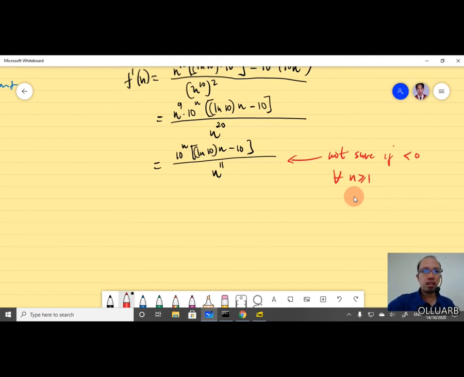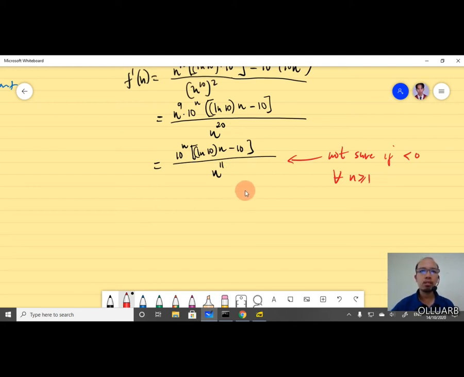Why? As you can see in the graph that I've shown you, this factor 10 to the n and n to the 11 are clearly positive, but the quantity ln of 10 times n minus 10 is not always negative. So this is not less than 0 for all n greater than or equal to 1.